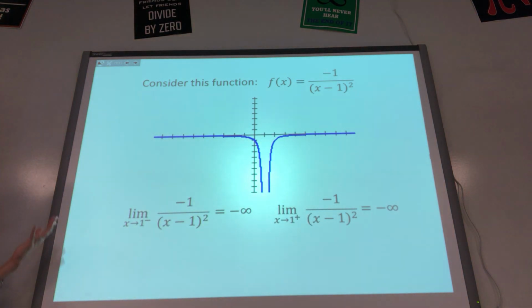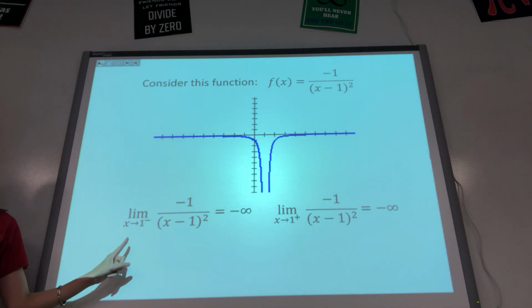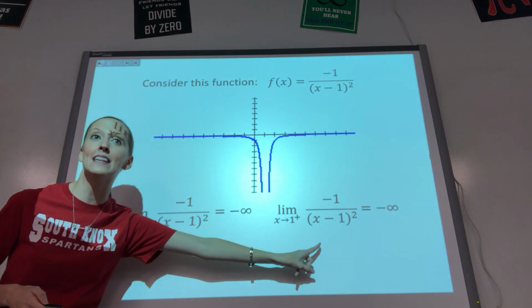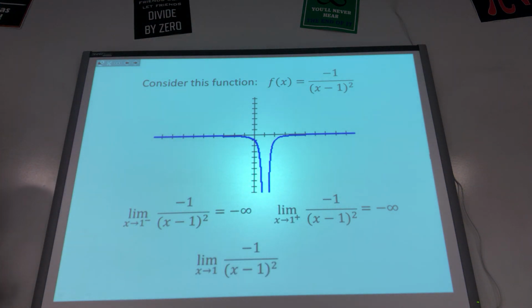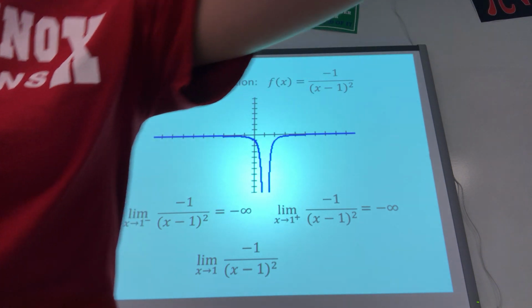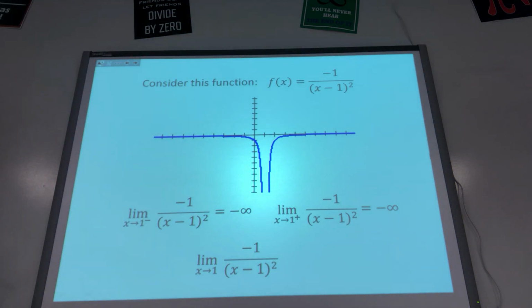Negative infinity. So in this case, since the left-hand limit and the right-hand limit agree with each other, if you were supposed to just find the limit as x approaches 1 overall, this is section 1.5 that we're doing here.